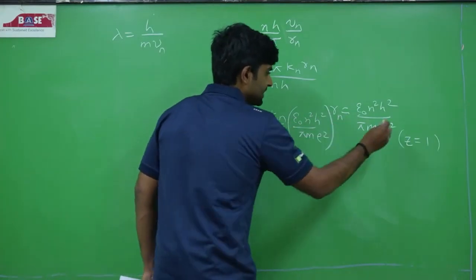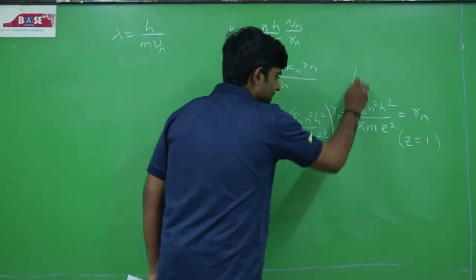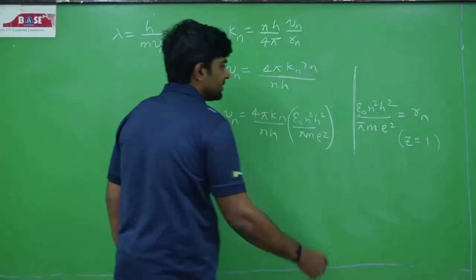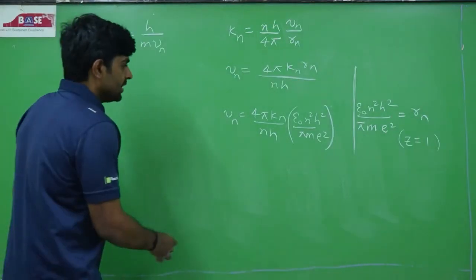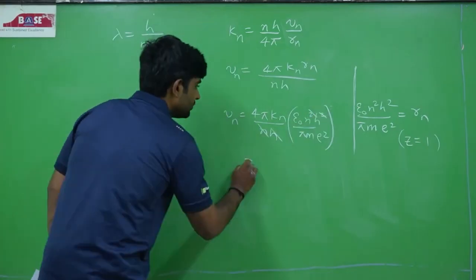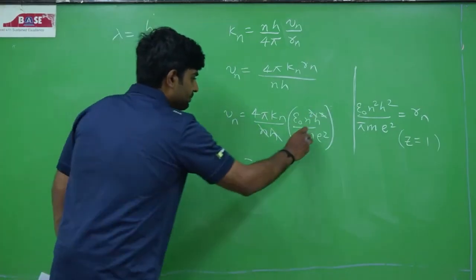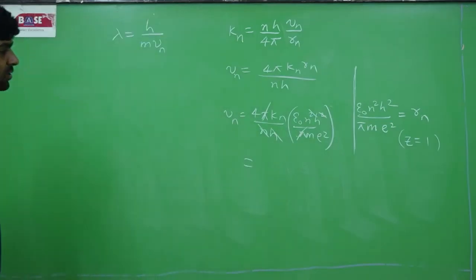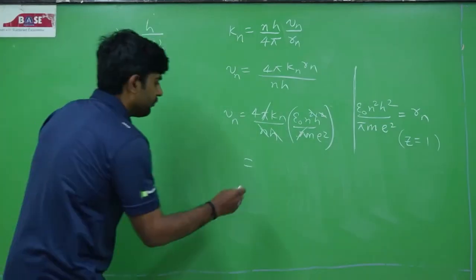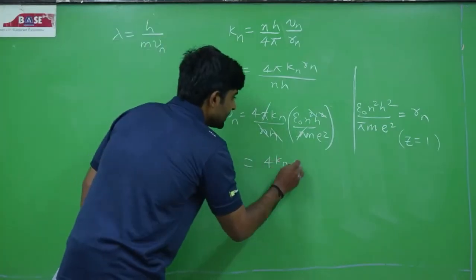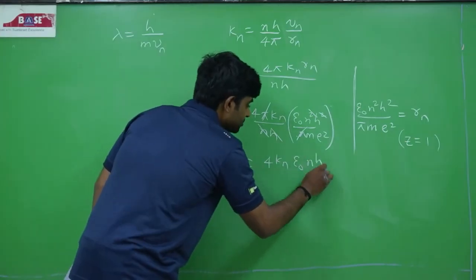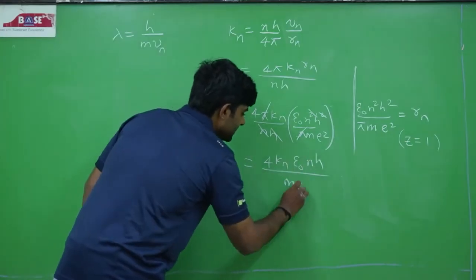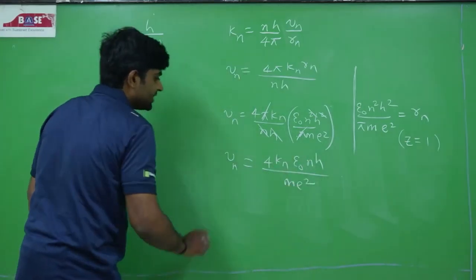Let's simplify this. The n and h cancel, and the pi is also gone. So we'll have 4 Kn epsilon naught nh by m e squared. That's the velocity in the nth orbit.